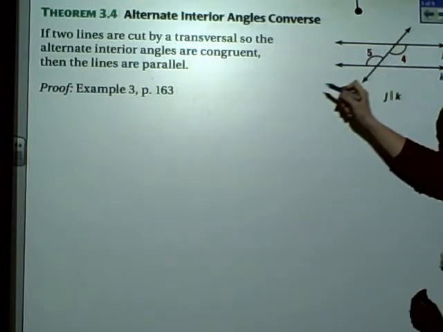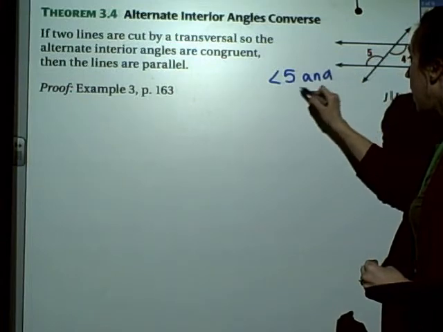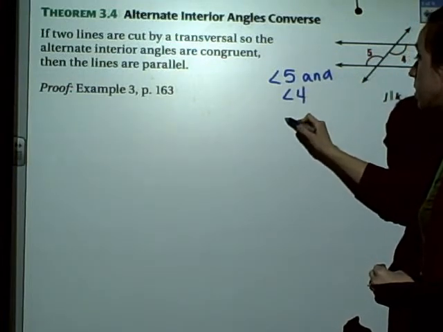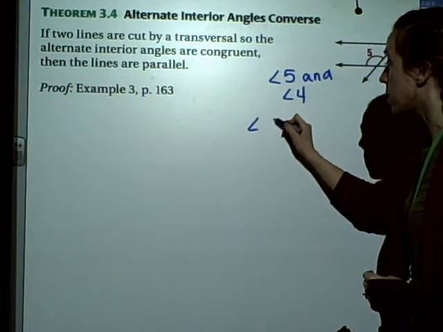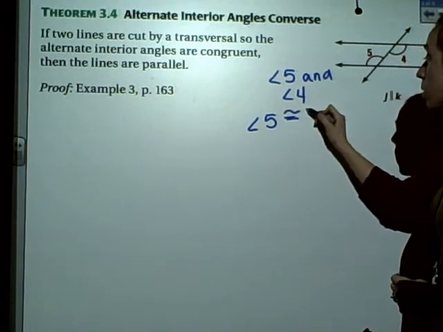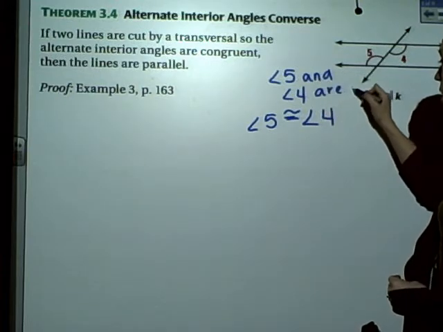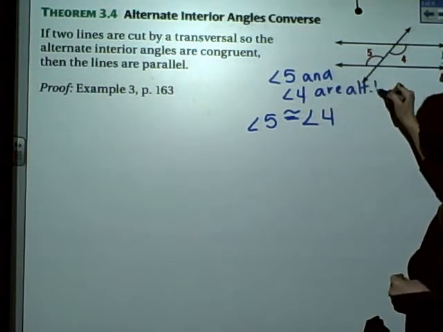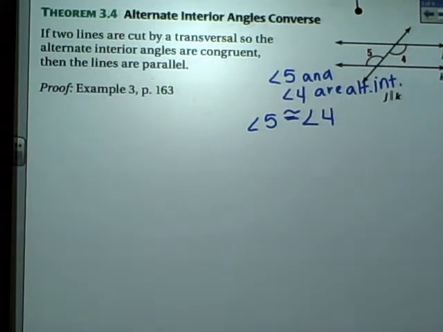Okay, so in this example, angle 5 and angle 4 are considered alternate interior angles. So that means that angle 5 is congruent to angle 4, which in turn makes our lines parallel.